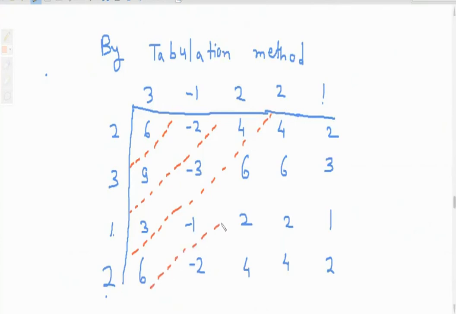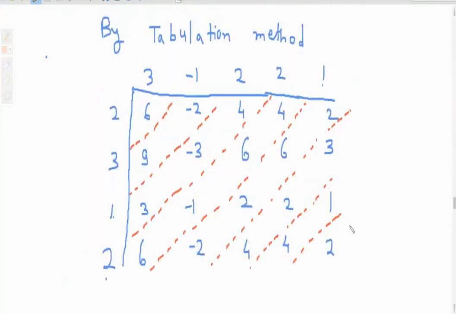In this fashion, we should split the table. Be careful, keep certain distance so that splitting will be done properly. All diagonal values we should cover. Okay. Now this is how we have done the splitting.